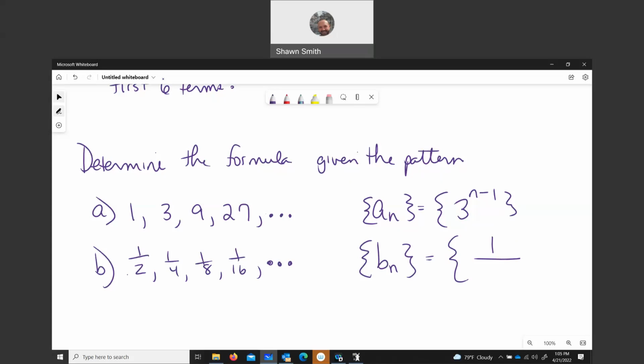That is powers of 2, right? So base of 2. I need the first term to be 2 to the first in the bottom. So this just has to be an n, right? 2 squared is 4. That's the second term in the bottom. 2 cubed, 2 to the fourth, 2 to the fifth, and so forth.